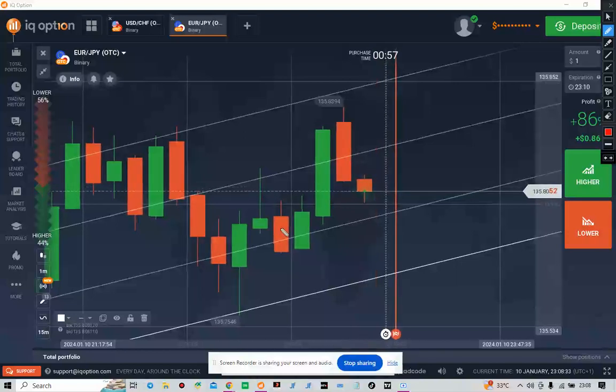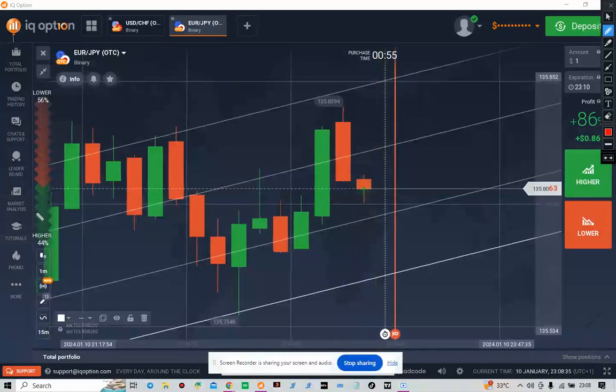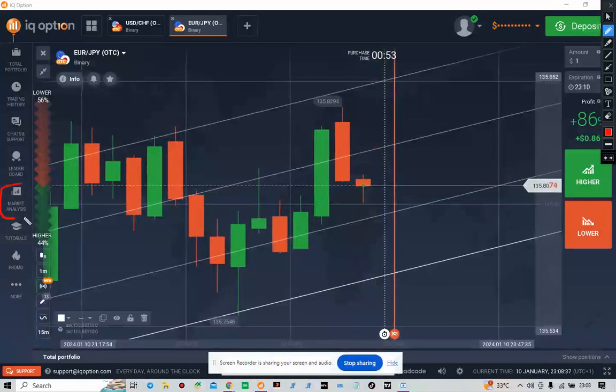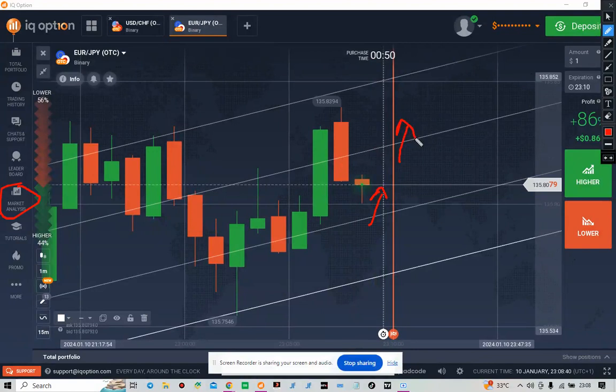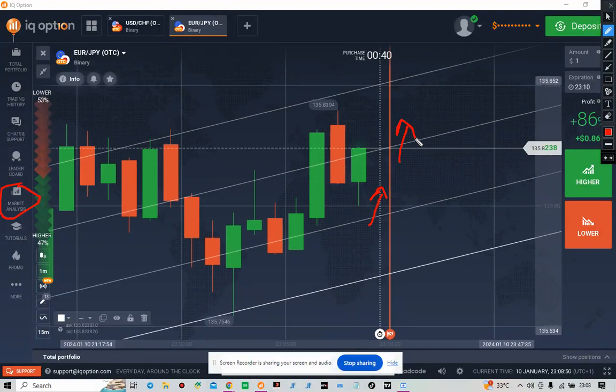I've already checked, there's no fundamental news occurring right now, but I'm using technical analysis. Once the price comes to the level, the zone, I open a trade. That is how I trade binary option.